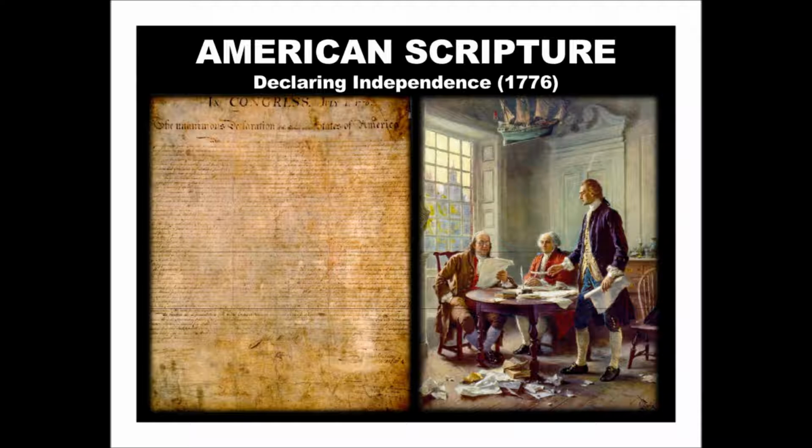Americans have interpreted these words found within this founding document in various ways over the generations, and have used Jefferson's words to define what it means to be an American citizen.